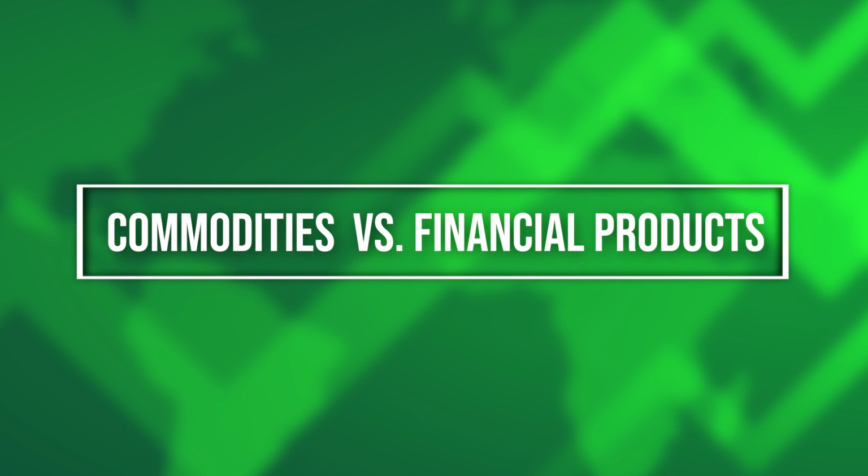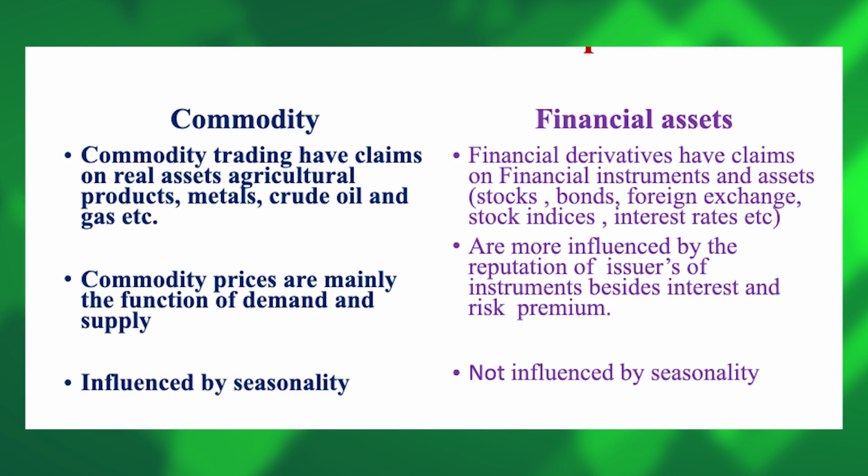What is the difference between commodities and financial products? As you already know, financial products are financial instruments like shares, debentures, bonds, different types of stock exchange indices. But commodities have some peculiarities and are different from financial products.